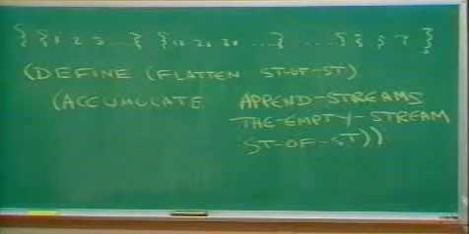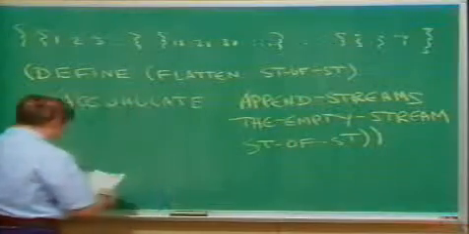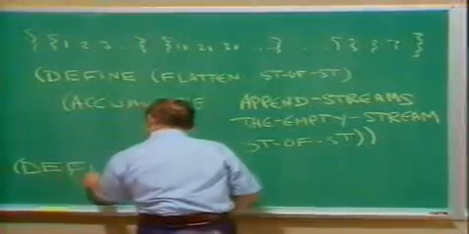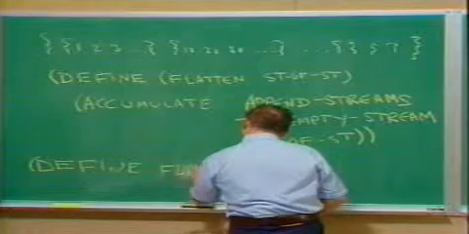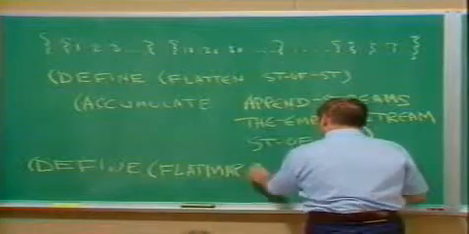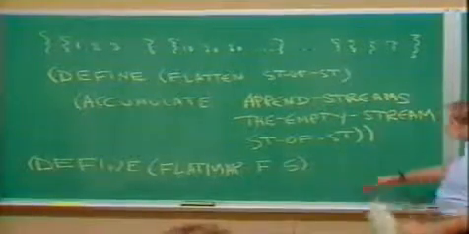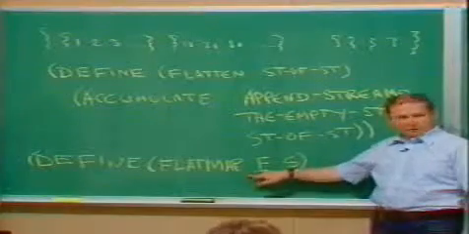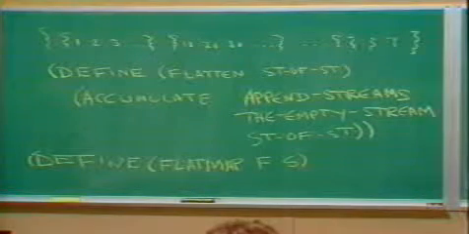In fact, there's another useful thing that I want to do. I want to define a procedure called flat map. Flat map of some function and a stream. And what this is going to do is s will be a stream of elements. f is going to be a function that for each element in the stream produces another stream.